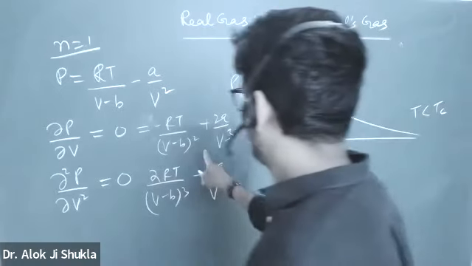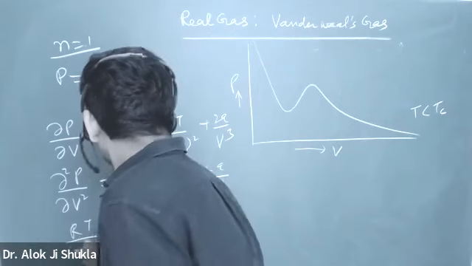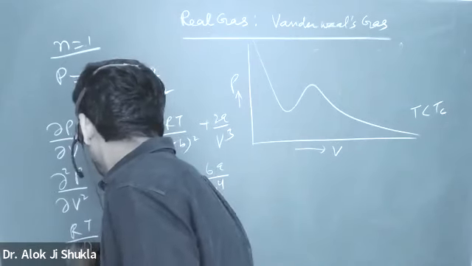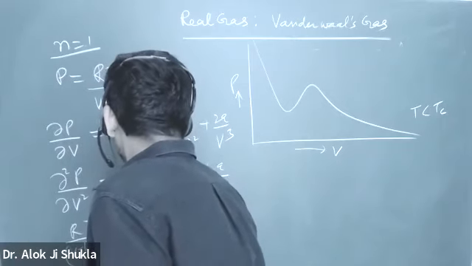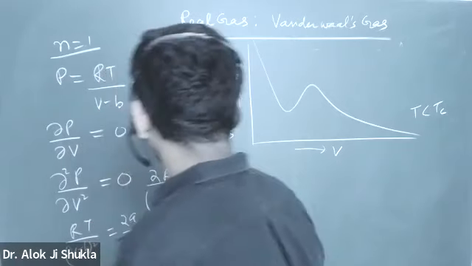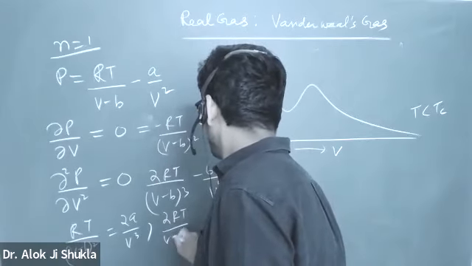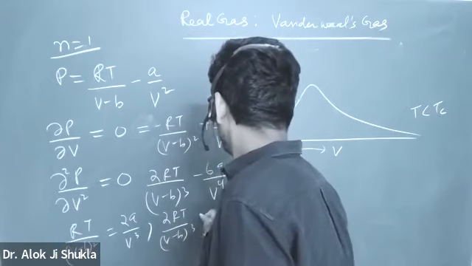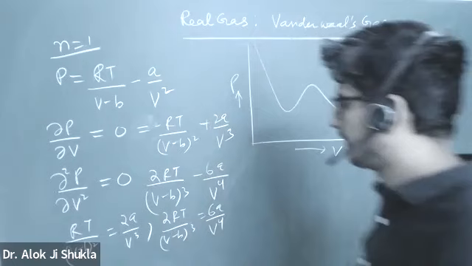So if you put it equal to 0, this side it will become RT by (V minus b) whole square is equal to 2a by V cubed, and this side it is 2RT by (V minus b) whole cube is equal to 6a by V to the power 4.